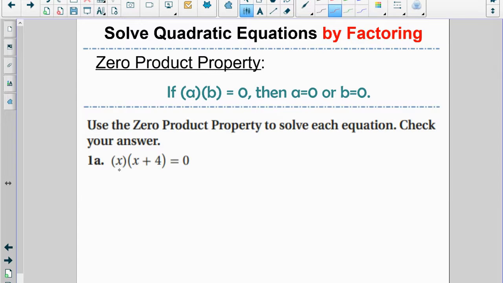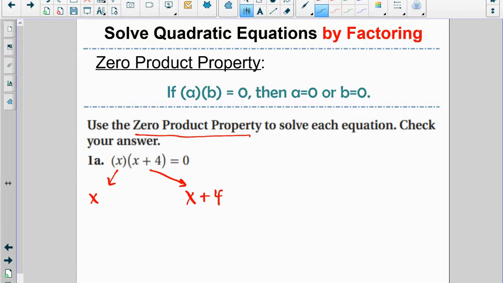So in our first example, we have x as the first factor, and x plus 4 as the second factor. And when multiplied together, it equals 0. The zero product property tells us then that either the first factor of x or the second factor of x plus 4 has to be what equals 0.